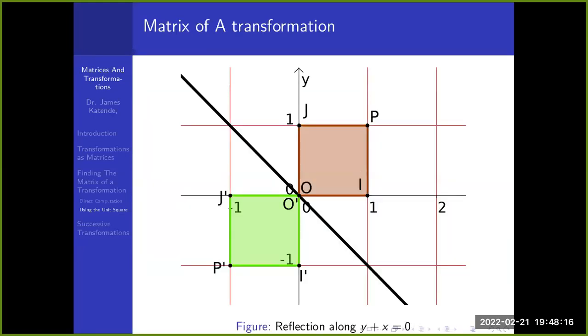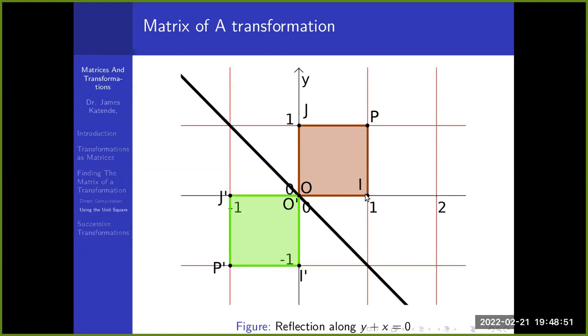So here is the reflection itself. This is the line y plus x is equal to 0. If you pick the point I, it is sent to I prime under this reflection. You need to draw a line perpendicular to the reflection line and measure the same distance from the reflection line to the opposite side to get the image.